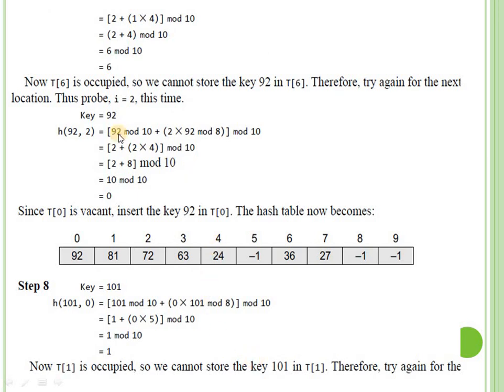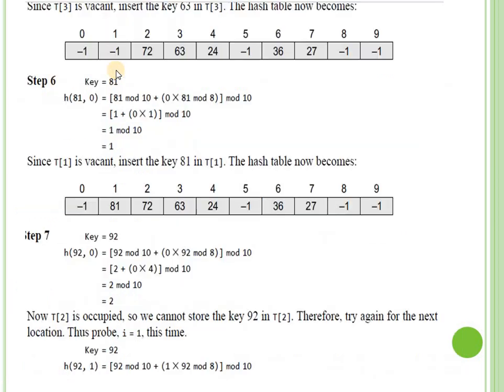After calculating this we got the answer 6. So now we have to check whether T of 6 is vacant or not. Here T of 6 has the key 36. At location T of 6 we have already stored a value, which is the key 36.